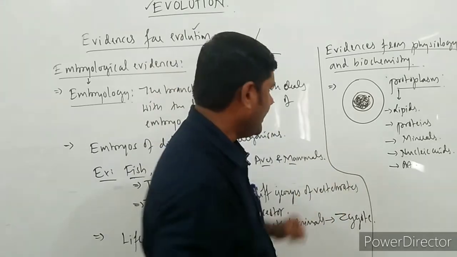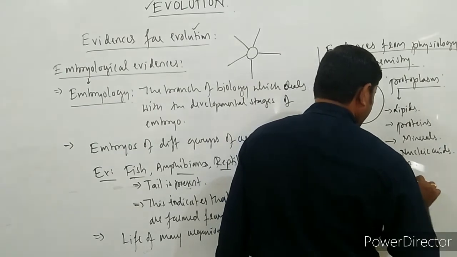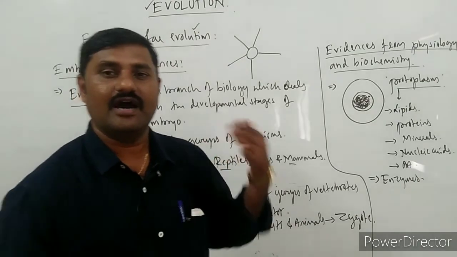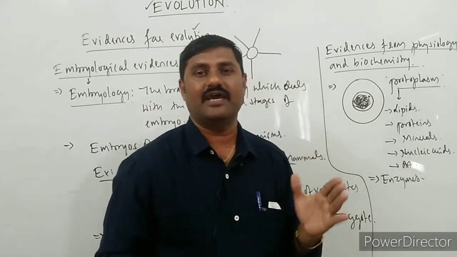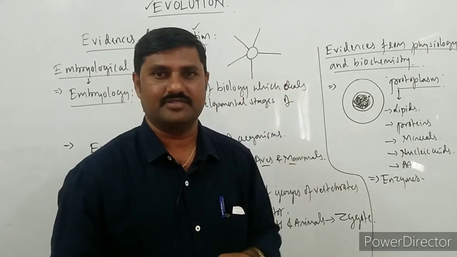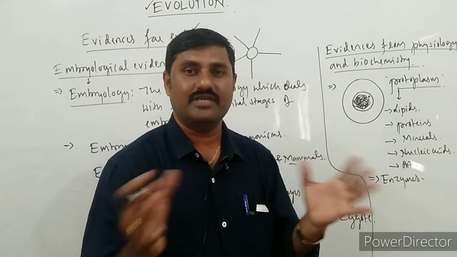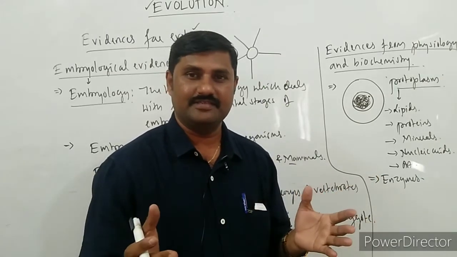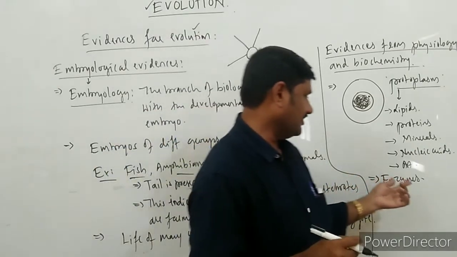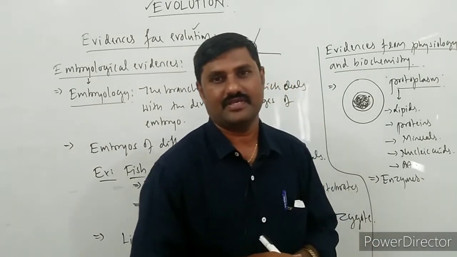Is it clear? And one more point to be noted. When you consider the enzymes present in different groups of organisms, they are all similar and they perform the same type of function. For example, proteases break down the proteins, right? Trypsin is there. So different types of enzymes perform the same kind of function in the organism's body.